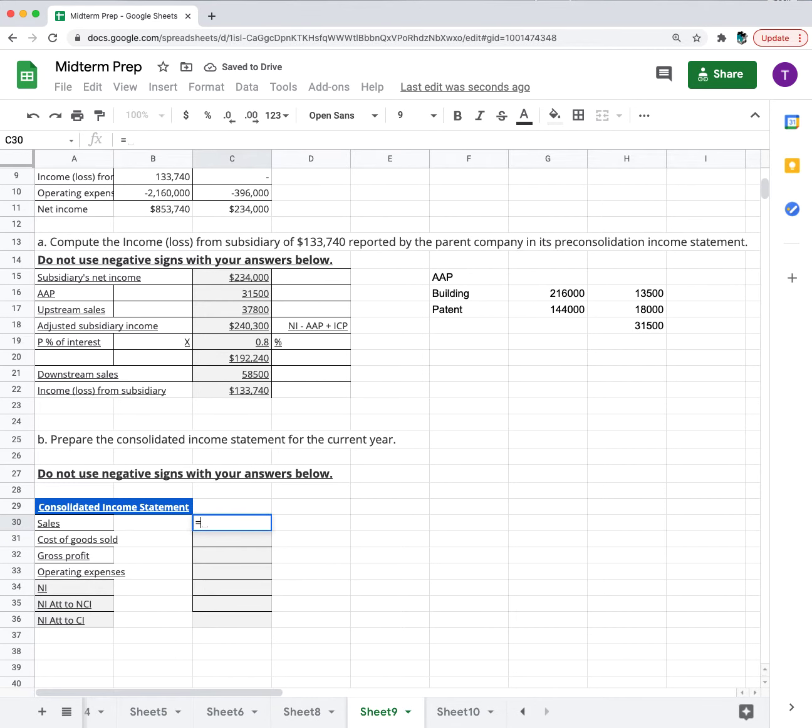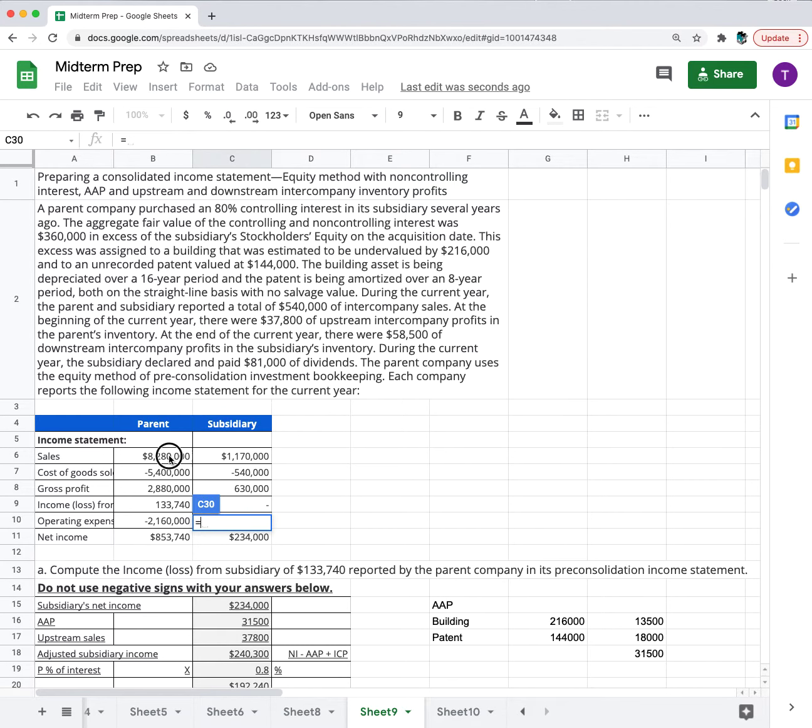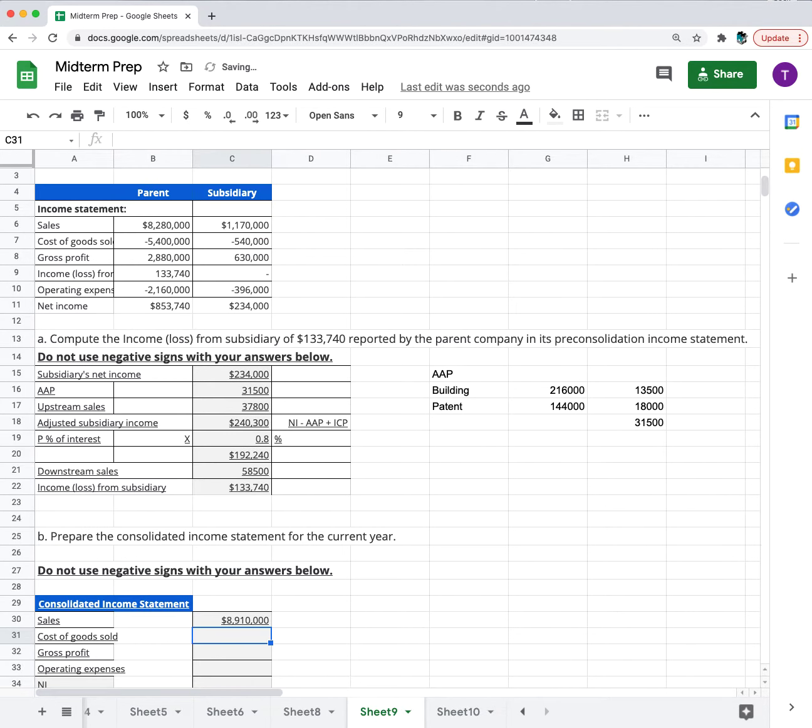So for sales, we're going to take the parent plus the subsidiary minus the intercompany sales of $540,000. So parent sales plus subsidiary sales minus intercompany sales.